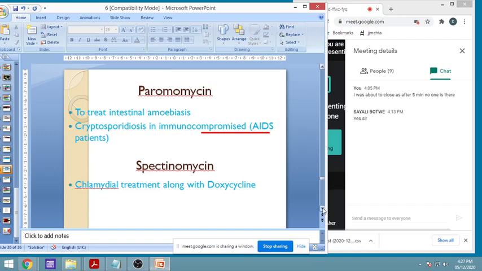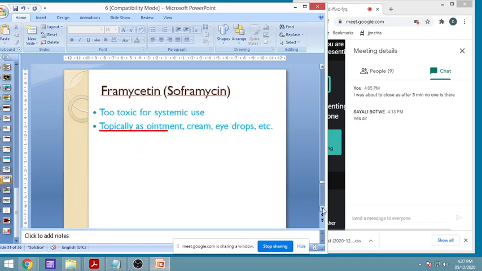Chlamydiae are a different class of microbial organisms with a different set of characteristics, and therefore spectinomycin can be used along with doxycycline, because many other antibacterials are not working against it.